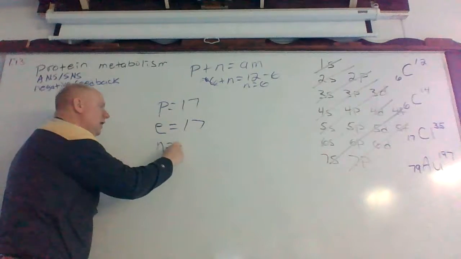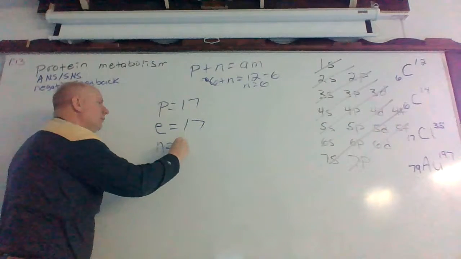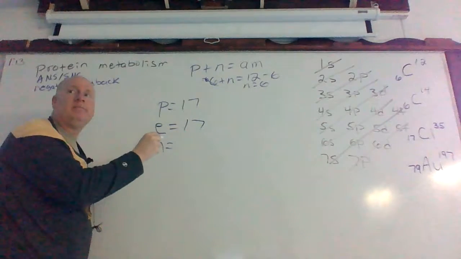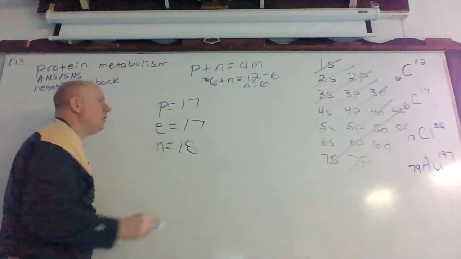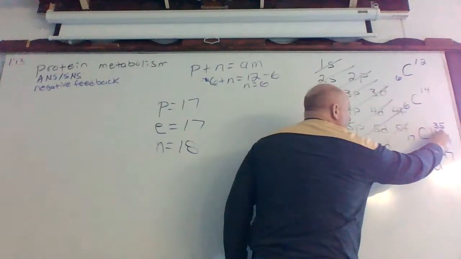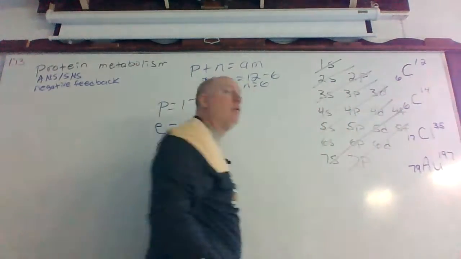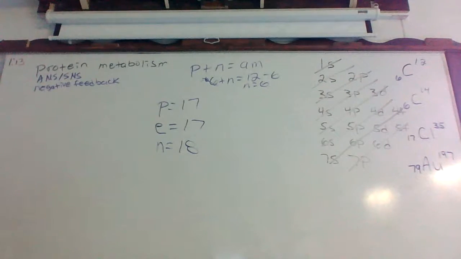And then how many neutrons does it have? 18. What happens when we take 17 from 35? We get 18. Are we catching on to, again, this is kind of like a pattern here.